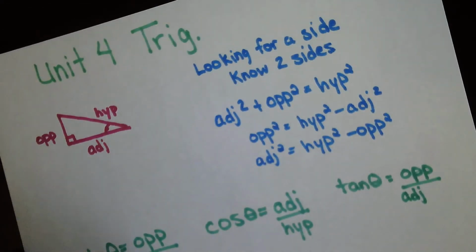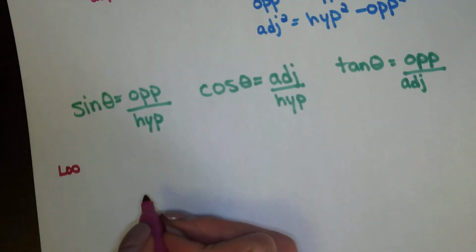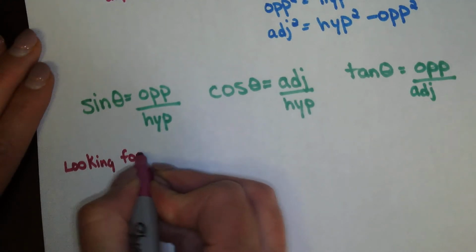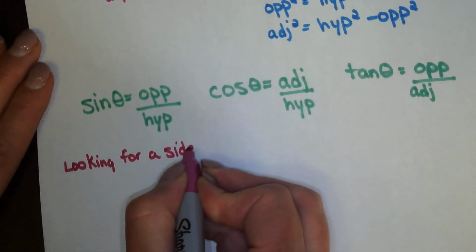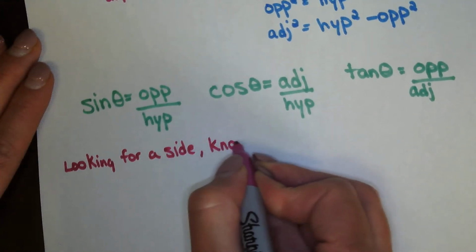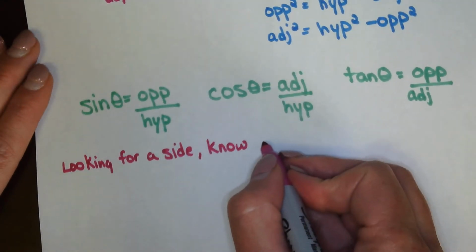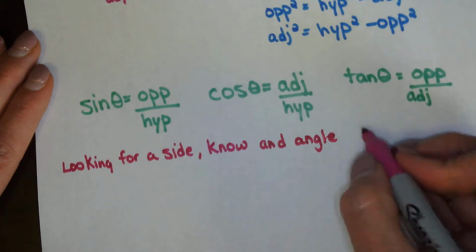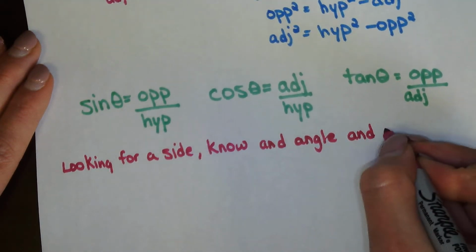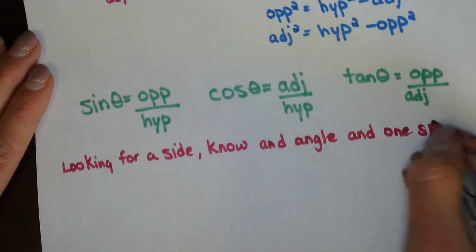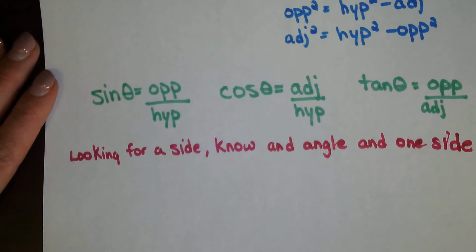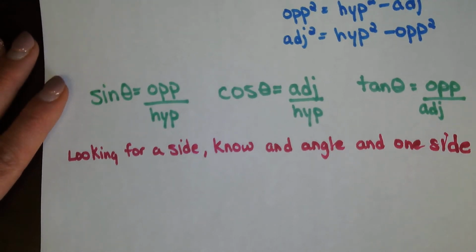So if you're looking for a side, and I know an angle and one side. Okay, so if I'm looking for a side, but I already know one of the sides and I have the angle given to me, then I'm just going to manipulate it.